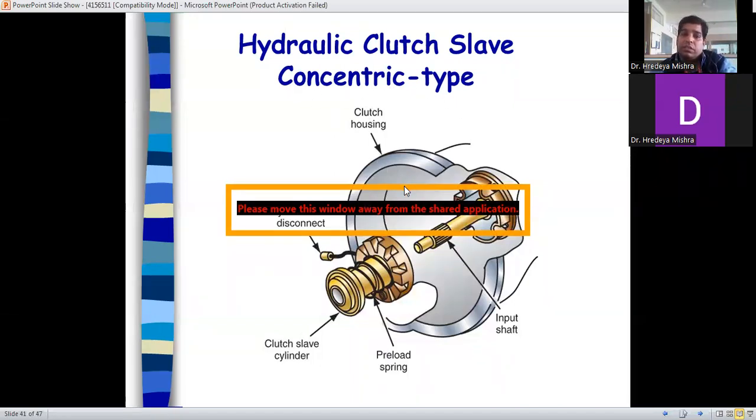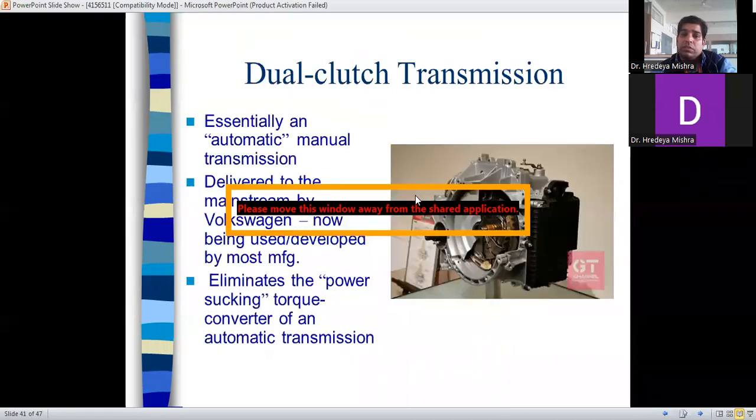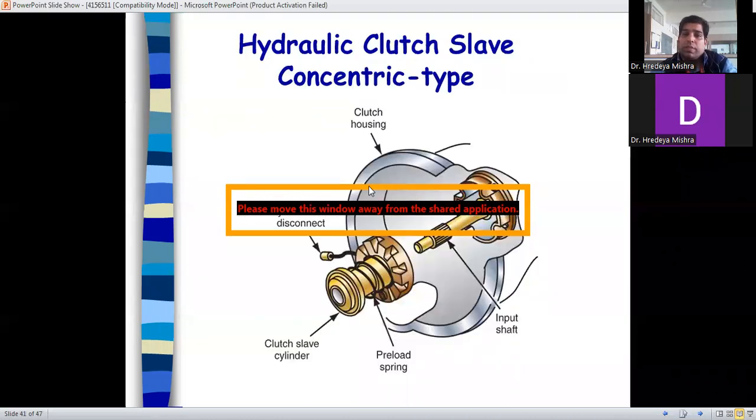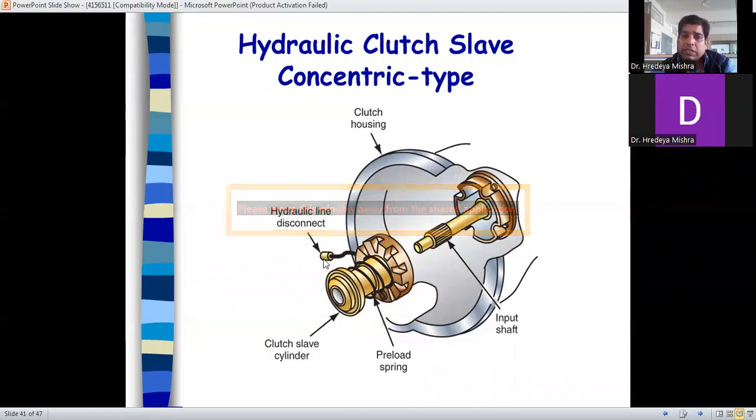How do they connect? Okay, so here you can see the hydraulic line disconnected here. Clutch slave cylinder is there. Preloaded spring is there. Input shaft and clutch housing is there.